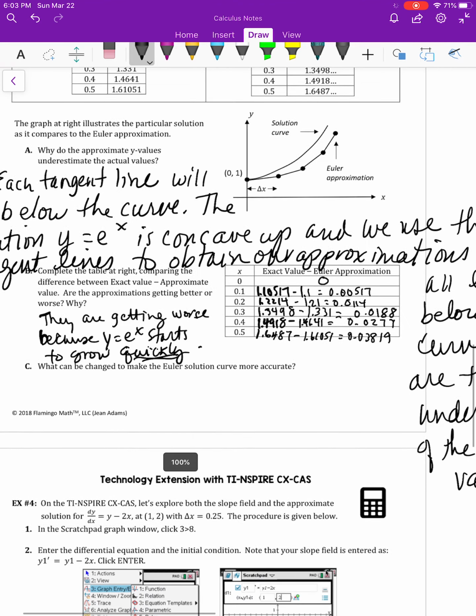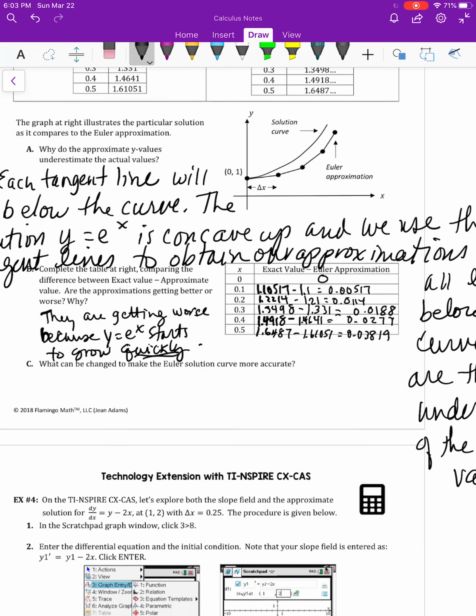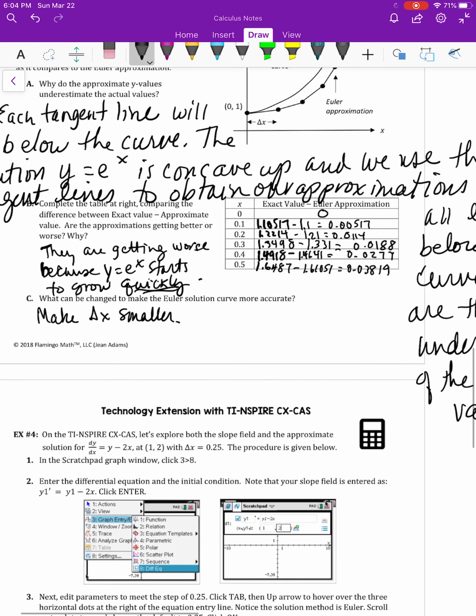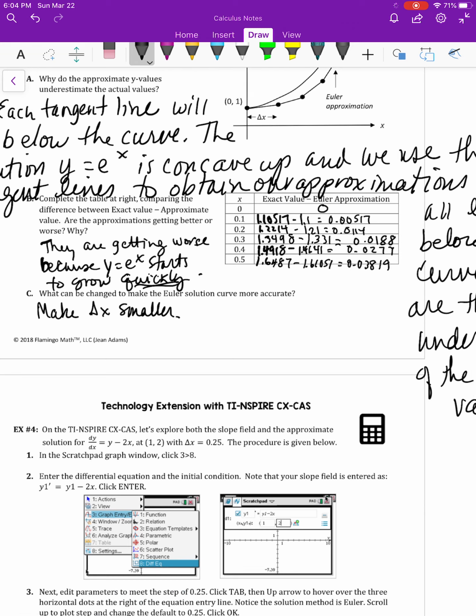What can be changed to make the Euler solution curve more accurate? We could make delta x smaller, and then we would be moving by smaller increments, and it would make our approximation better.